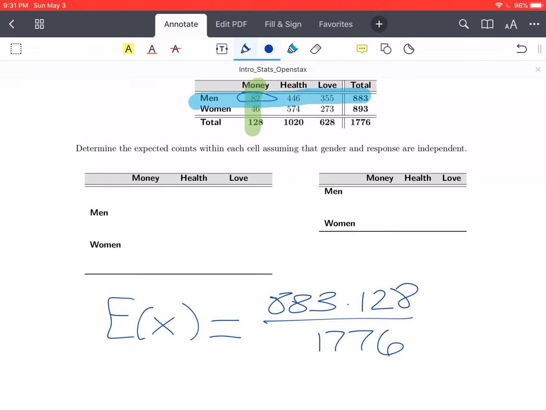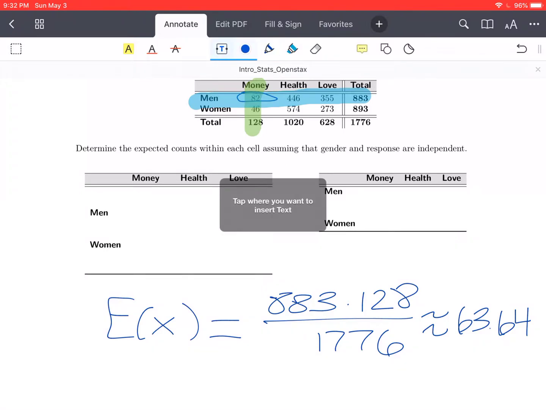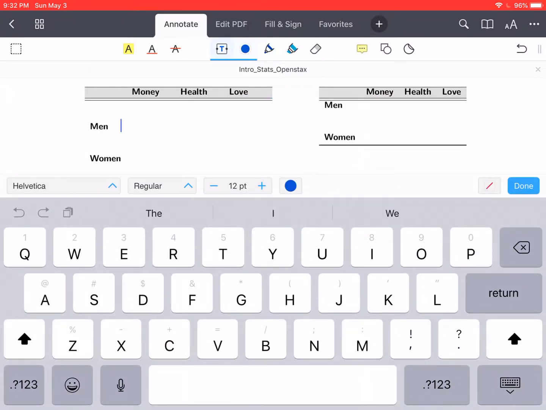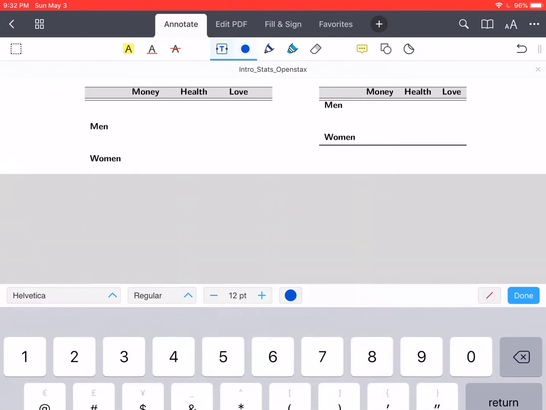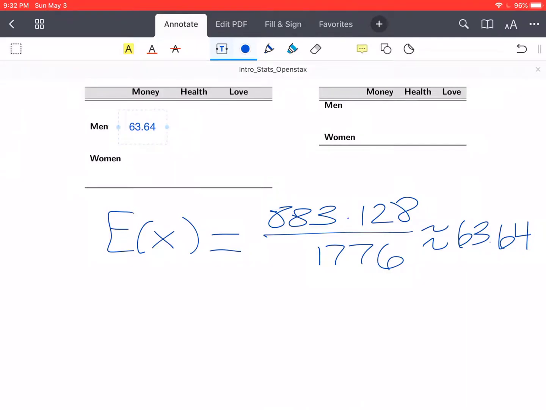Run these numbers through a calculator or through Desmos. You will need technology because these numbers are pretty messy. You will get approximately 63.64. So the expected frequency in this first cell is 63.64. Let me go ahead and type that in.